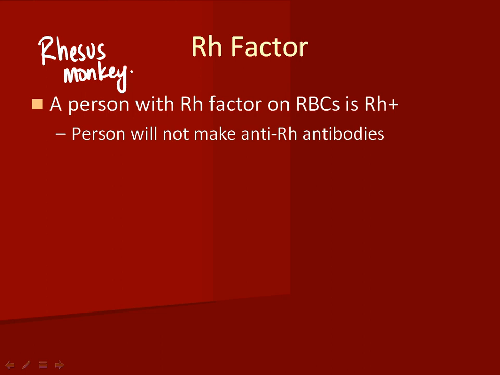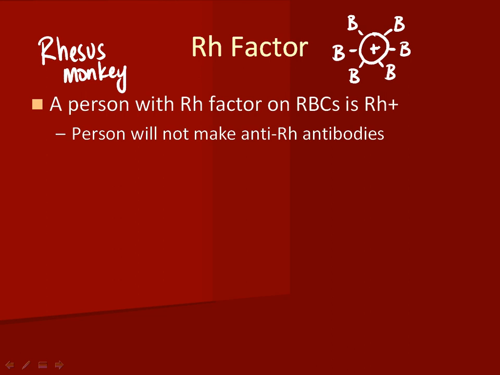So somebody who is Rh positive, so my blood, remember I said I'm type B, to go a step further, I'm actually B positive. So that means that I have, here's my red blood cells, I have type B on my red blood cells, and I also have this positive Rh factor.